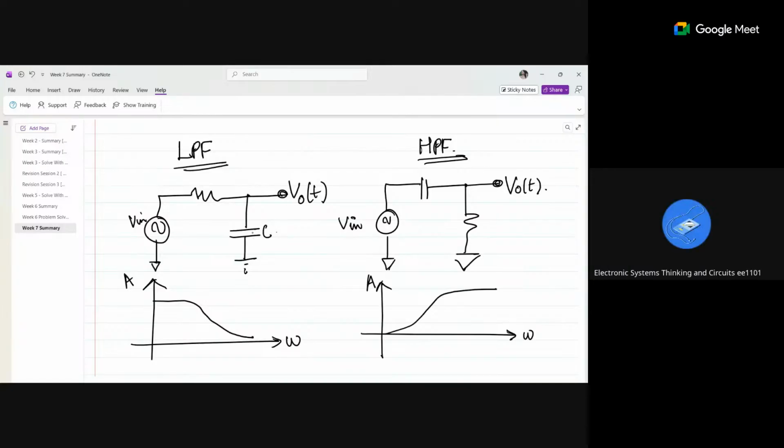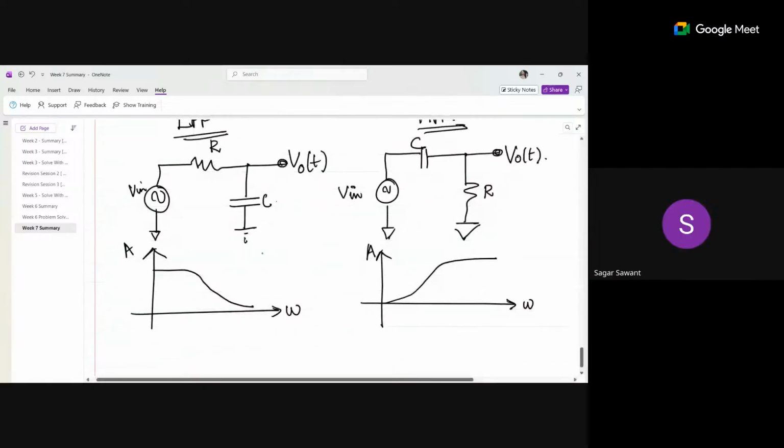See, here it is RC, where here it is C and R. The orientation is changed, right? This V naught of T is the voltage across the capacitor. Here V naught of T is the voltage across the resistor. In low pass, we are finding voltage across capacitor. In high pass, we are finding voltage across the resistor.